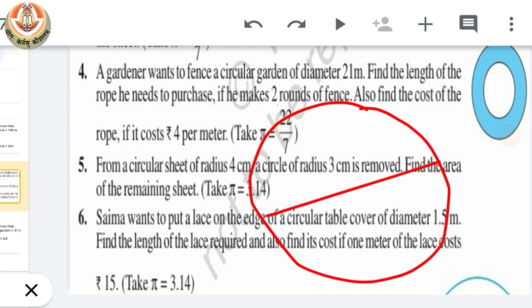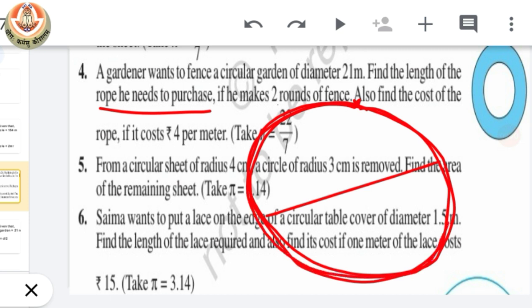That means the gardener wants to put a boundary on its garden which is of diameter 21 meter. So we have to find the length of the rope he needs to purchase to make 2 rounds of the fence. That means they directly want to ask the circumference of this garden for 2 rounds. That means 2 multiplying with its circumference.